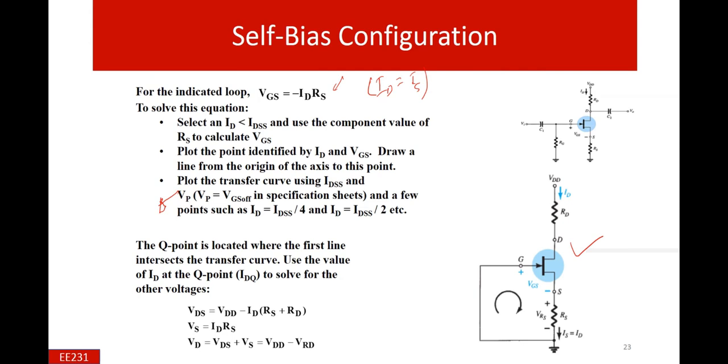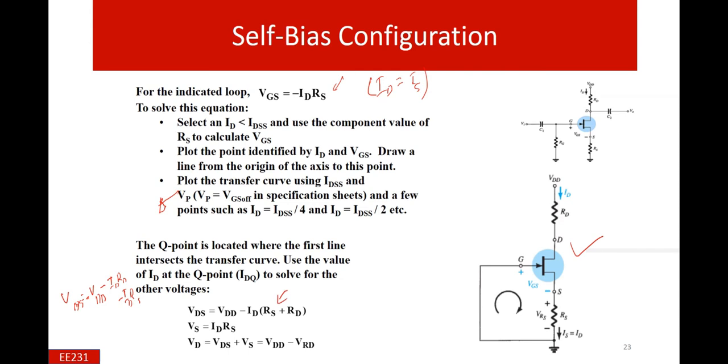At the Q point, in the last case we found that VDS is VDD minus ID times RD. Here there is only a single battery VDD, but another voltage is also subtracted from the whole situation. We can find it by using the KVL: ID or IS, which are the same values, times RS.